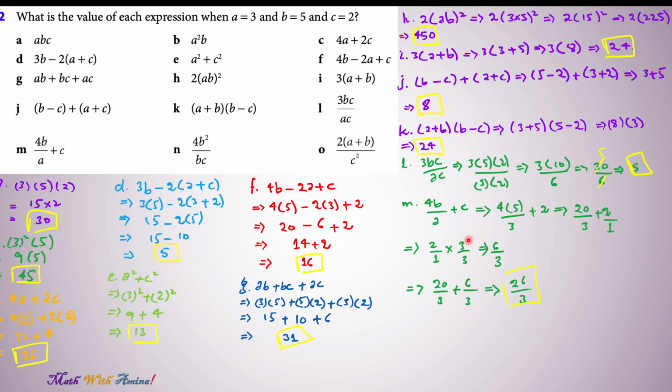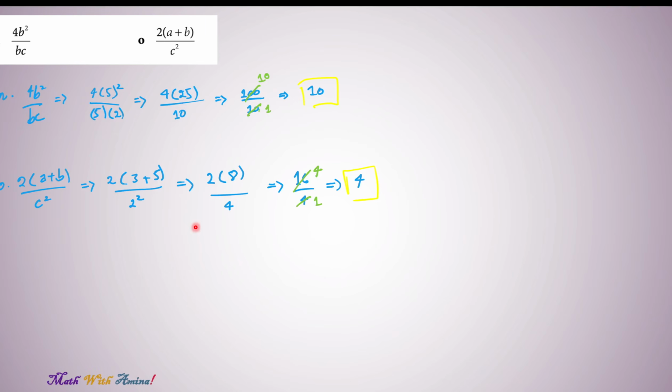After the multiplication of 3 over 3, it becomes 6 over 3. Now the denominators are the same, so the numerators can be added. 20 plus 6 is equal to 26, and the denominator is 3. We cannot further simplify it, so 26 over 3 is our final answer.